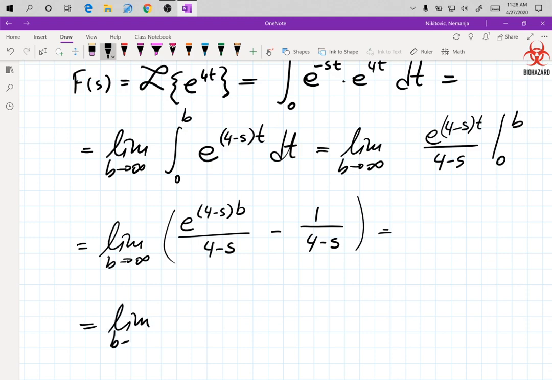You will hopefully be skipping this algebra later, but right now you need to know. So this is e to the 4b times e to the negative s b divided by 4 minus s, minus 1 over 4 minus s.